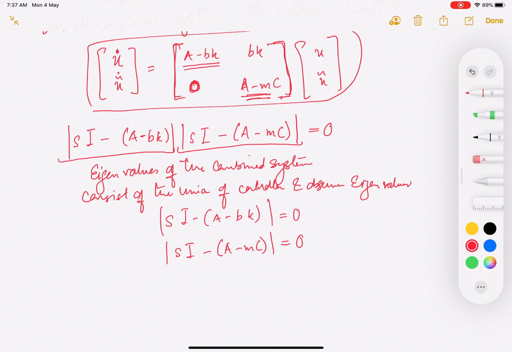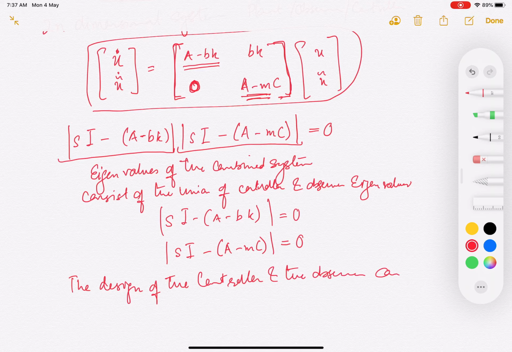So the design of the controller and the observer can be done separately.